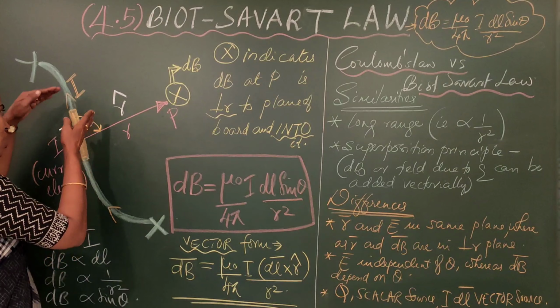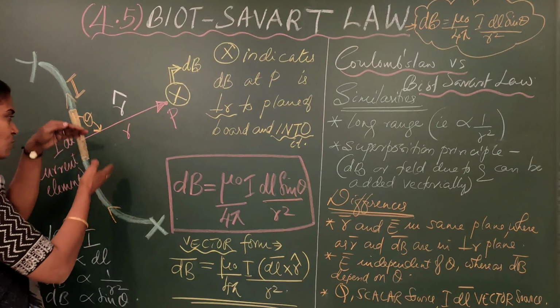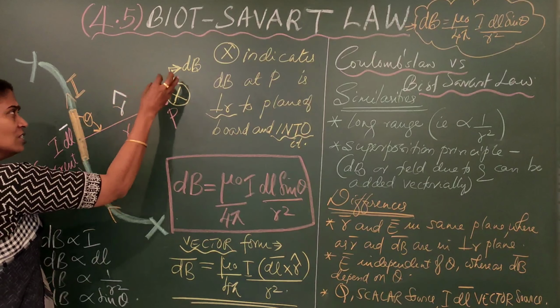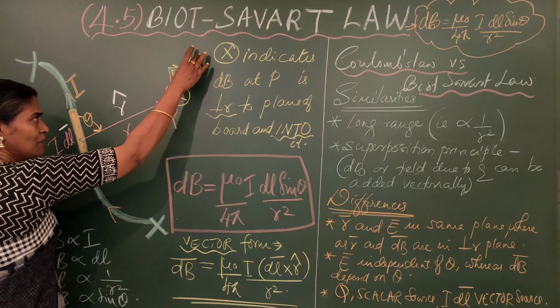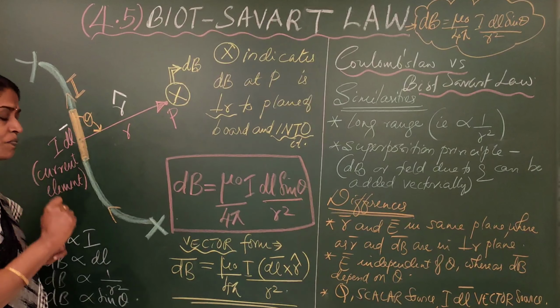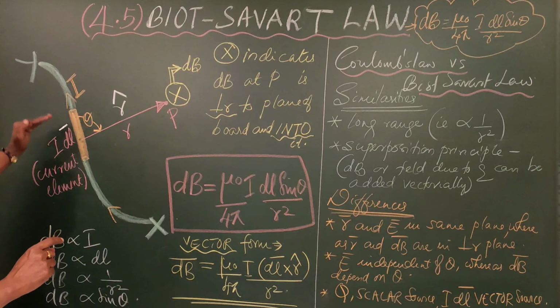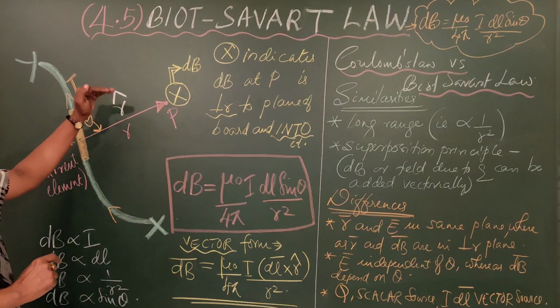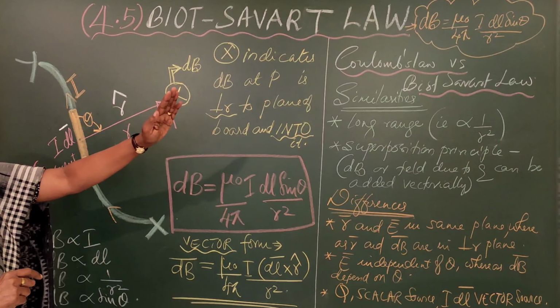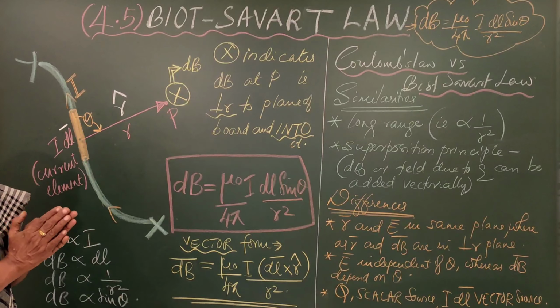Therefore, let me see what the dependencies are. So, Biot-Savart explained this dB. dB means the magnetic field due to the small current element dl at the point P. dB is proportional to I. When I goes on increasing, the magnetic field goes on increasing. Christian Ørsted also mentioned that.